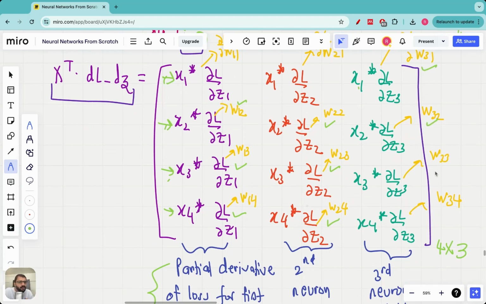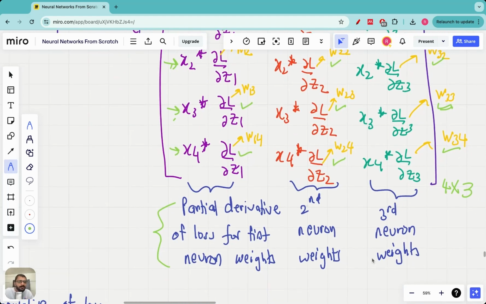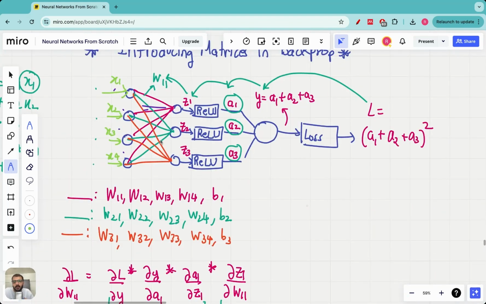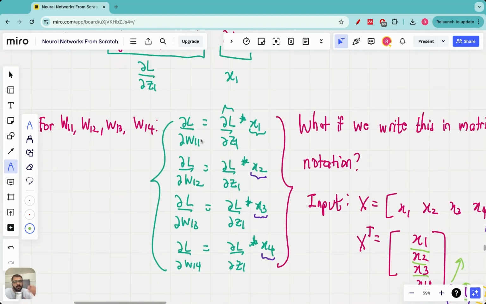The third is W33 and fourth is W34. So it turns out that the third column gives us the partial derivative of loss with respect to the third neuron weights, which means it gives us the partial derivative of loss with respect to all weights shown in the orange color. So now I don't have to write this for the second neuron, third neuron and fourth.